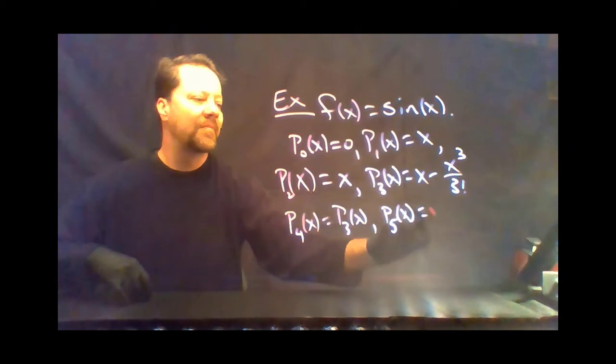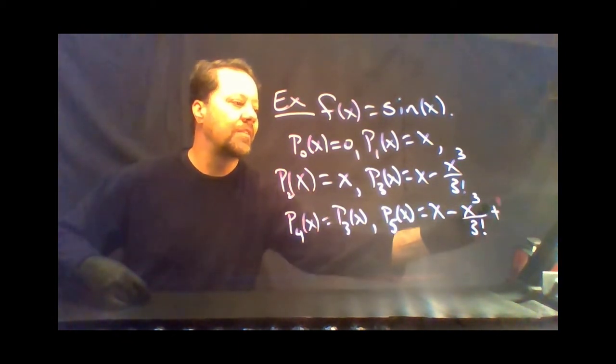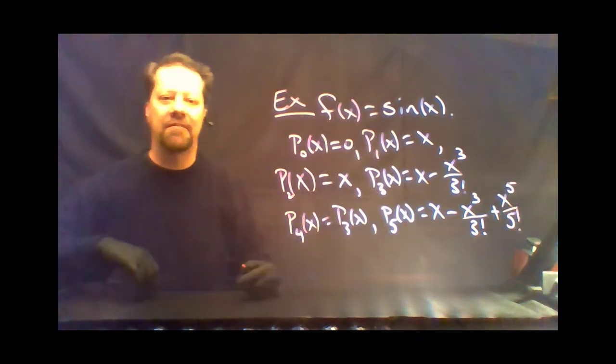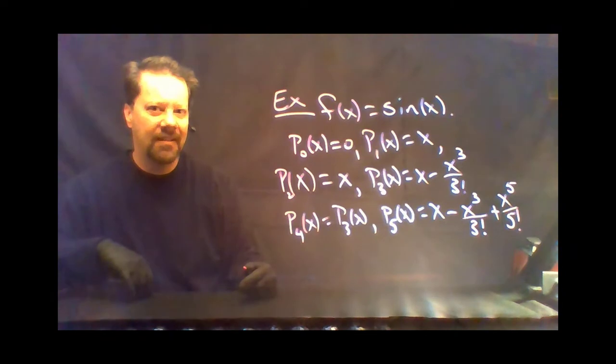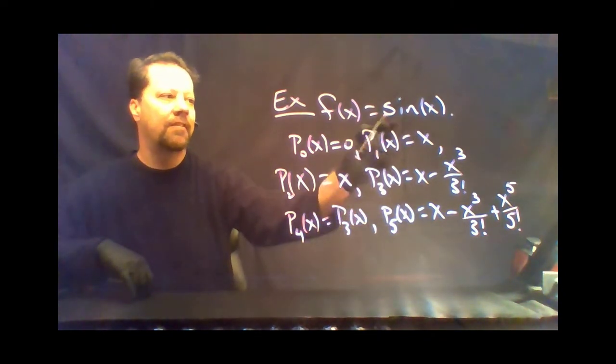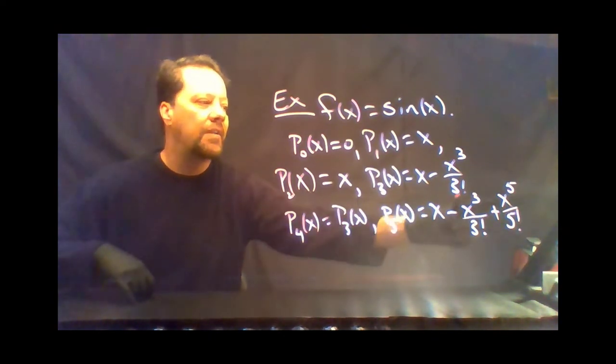P5 of x is going to be x minus x cubed over 3 factorial plus x to the 5 over 5 factorial. One thing you should notice about the Maclaurin polynomials for the sine function is that they only have odd powers of x.